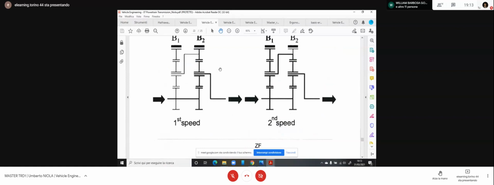If you want to realize really an automatic transmission, you make also an automatic clutch. There are several kinds of automatic clutch. Usually you have a hydraulic coupling between the engine and the gearbox in automatic transmissions, but you can also have electromagnetic engagement or robotized engagement.